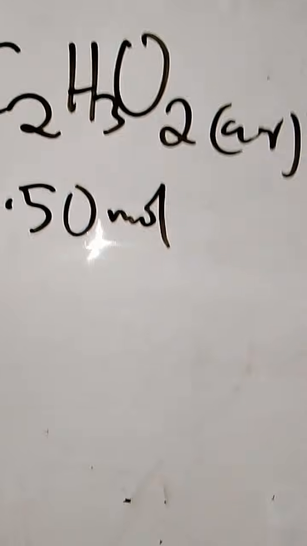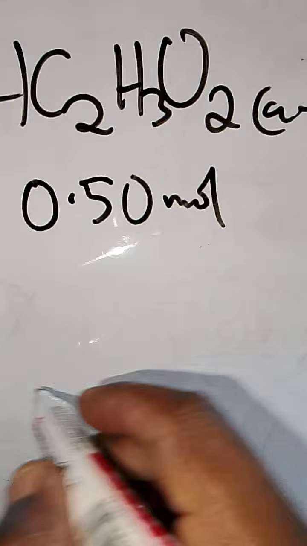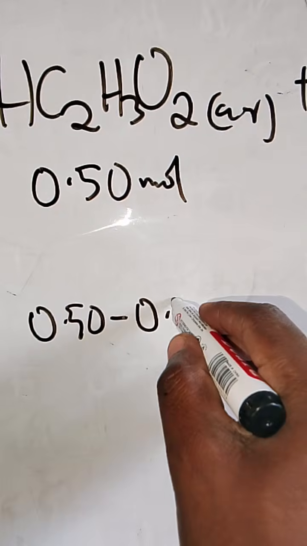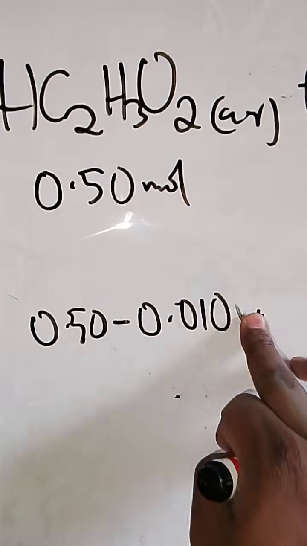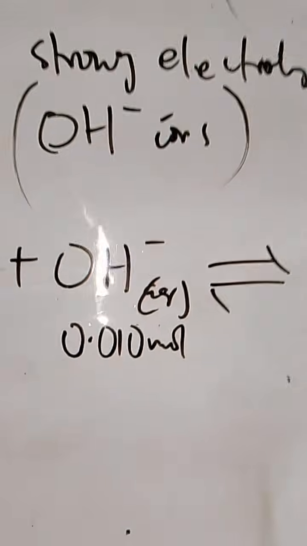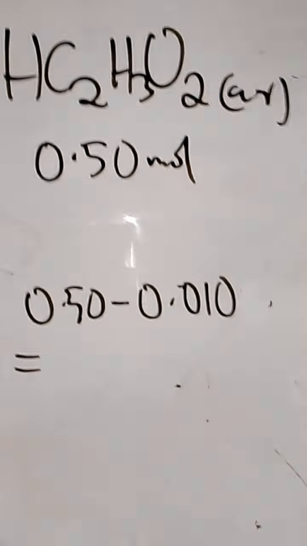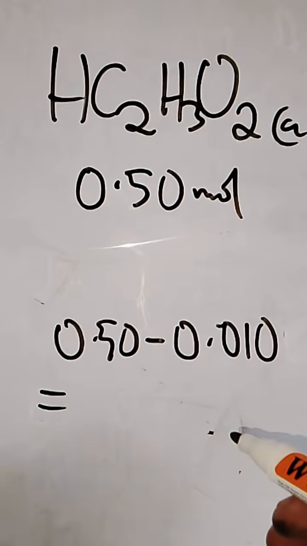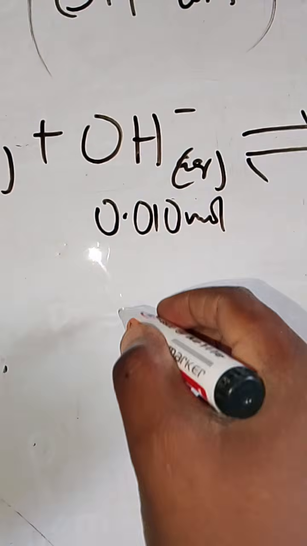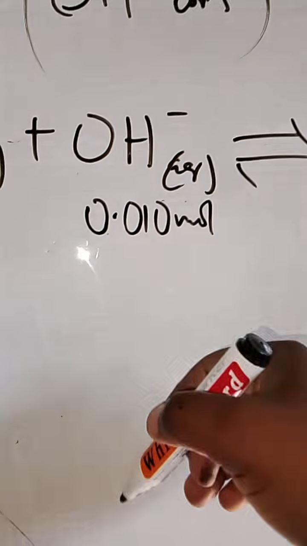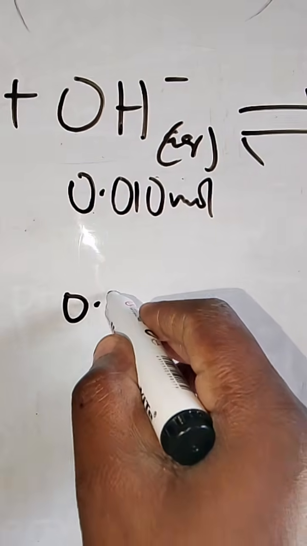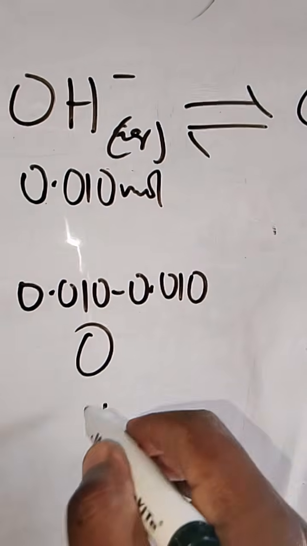After the reaction, it will be 0.50 minus 0.010 moles, since the OH will be consumed by the acid. 0.50 minus that gives us 0.49 moles. For the hydroxide, 0.01 minus 0.01 gives 0.